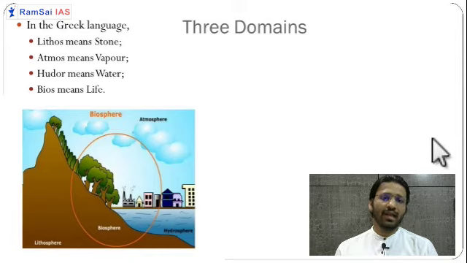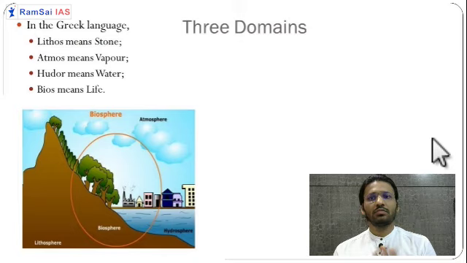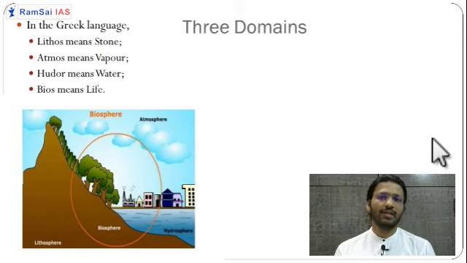In the Greek language, on the screen you can see the mountain or the solid part of the earth known as the lithosphere. Lithos means stone in Greek. Then air, or the thin blanket layer, is known as the atmosphere.